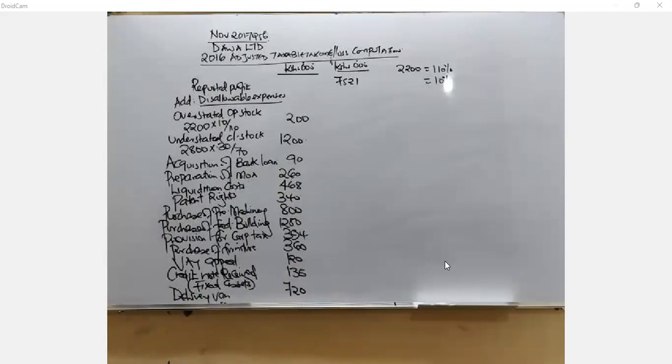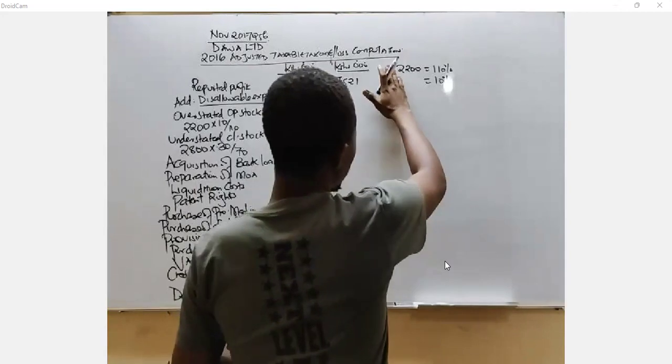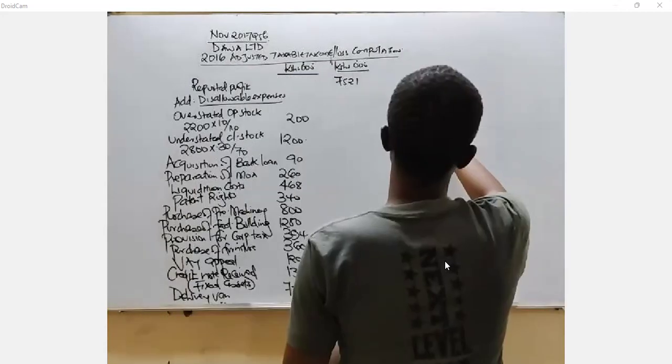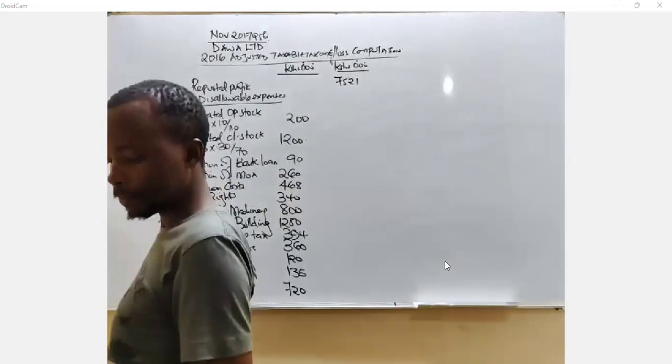Closure is 560. When you look on the general provision, at the beginning was 180. The general provision at the end was 167. So it means there is a decrease there. If there is a decrease there, it means that one is a non-taxable income. We shall be able to deduct it later on.